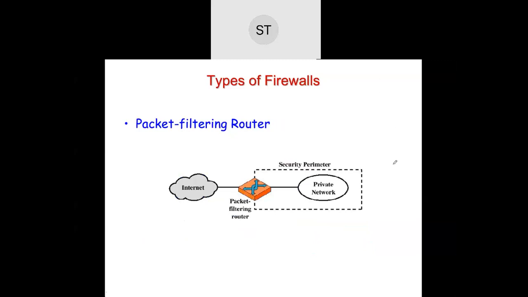This is a very simple firewall, which is the packet filter router. This router can analyze the packets coming inside and going outside, and based on the rules implemented, it will take the action whether to allow this packet or drop this packet.